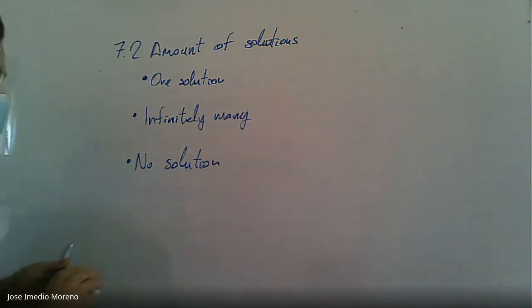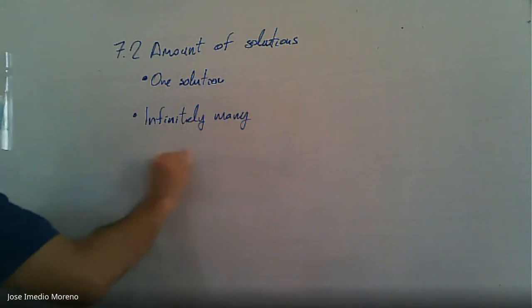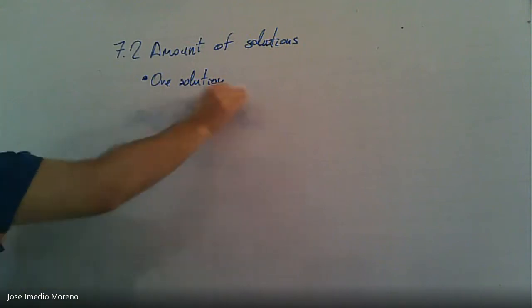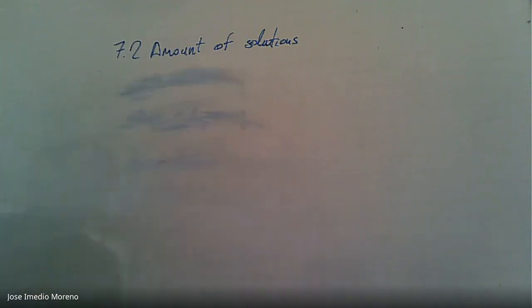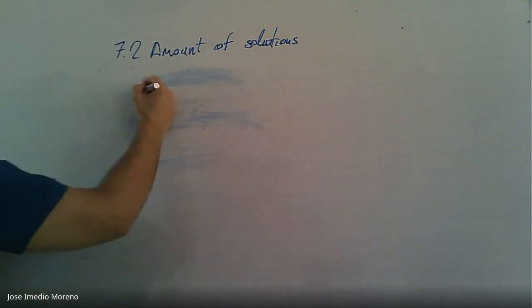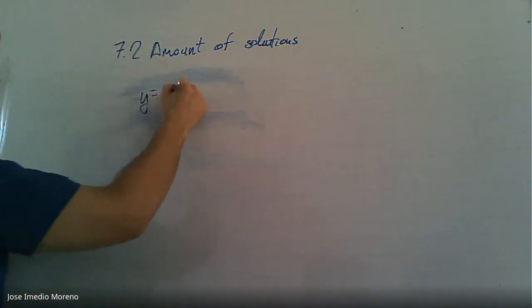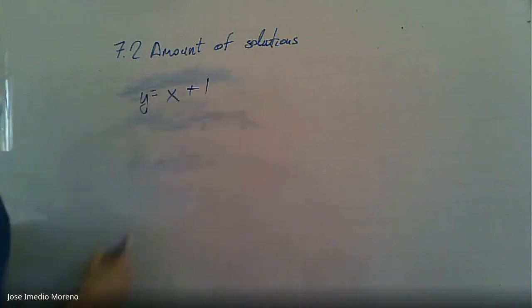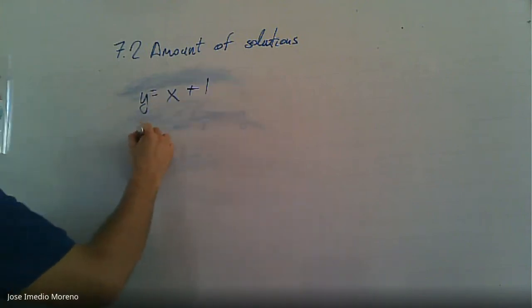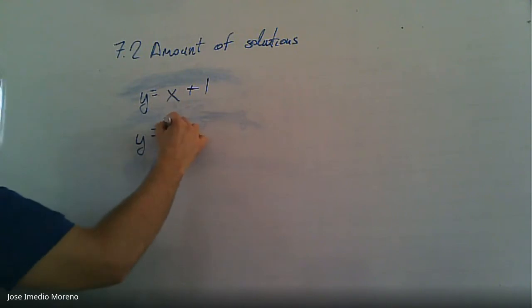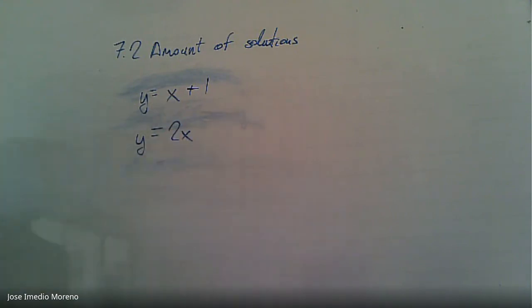Because for instance, let's say we have these two equations. Let's say we have y equals x plus 1, and we have y equals 2x, for instance.